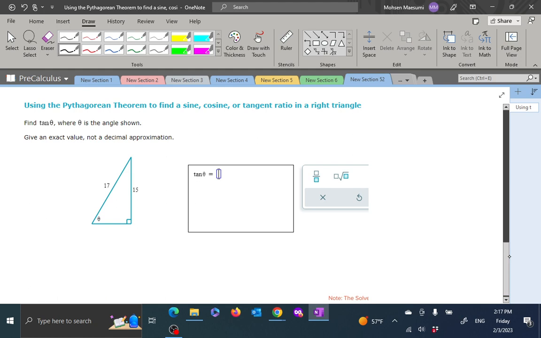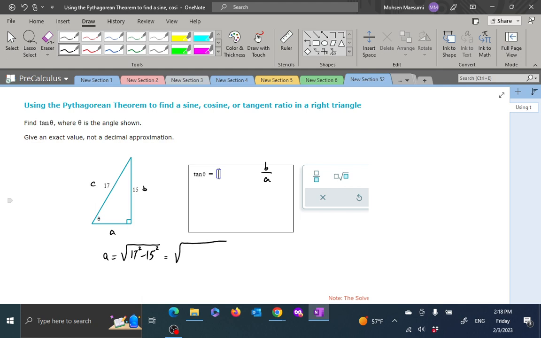So here is another example. Let's call again A, B, and C. We want tangent of theta, which is the ratio of B over A. I need the A. So what is A? A will be the square root of 17 squared minus 15 squared. So let me write the steps of it.